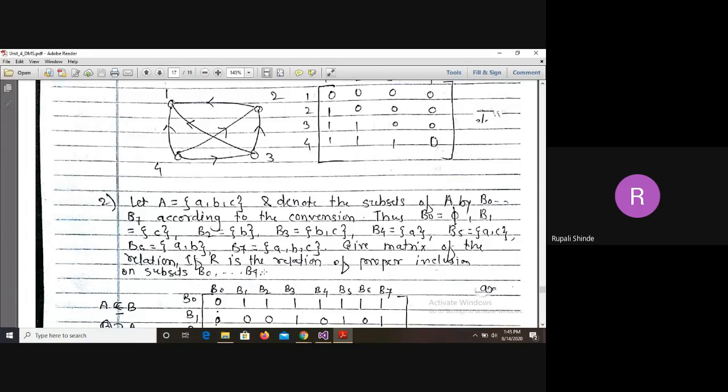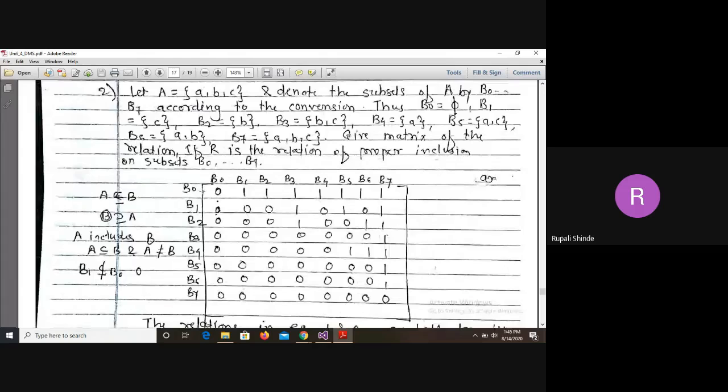So first of all we have to identify how many elements there would be in this matrix. So a matrix of 8 by 8, that is from B0 to B7. There would be a total of 8 rows and 8 columns, B0 to B7, again B0 to B7.